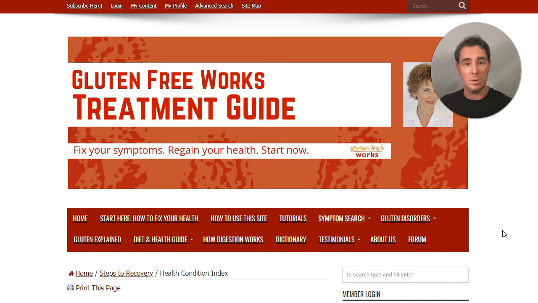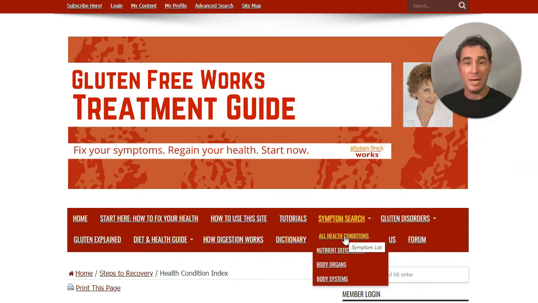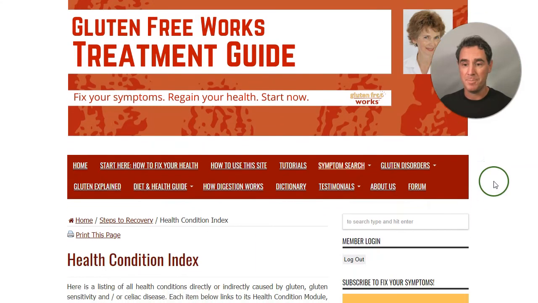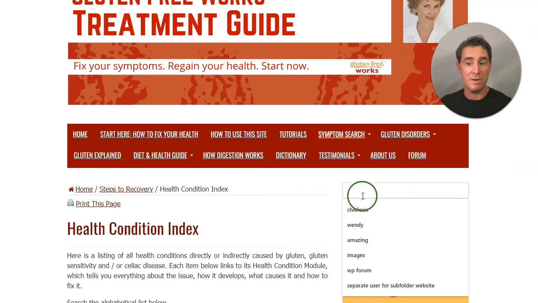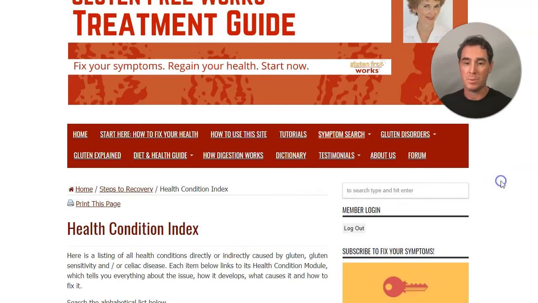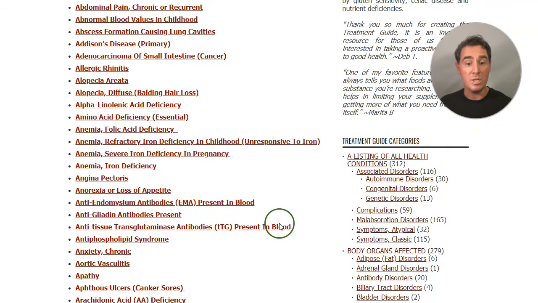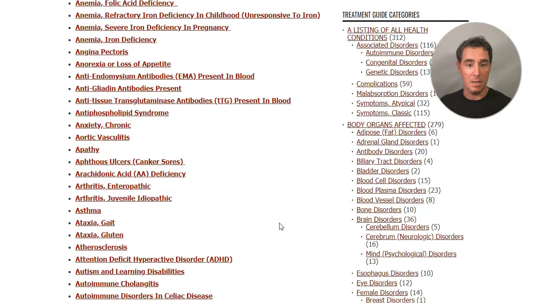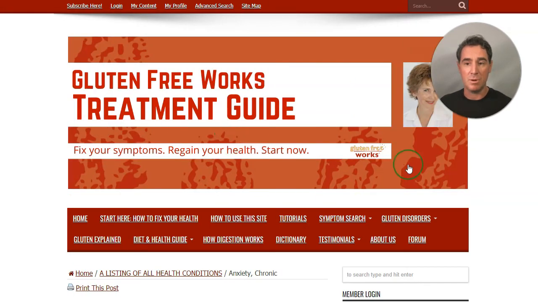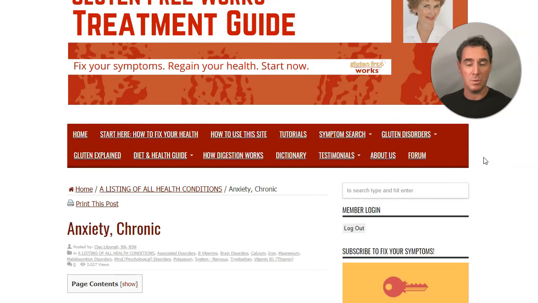The first thing we would do in using the Gluten Free Works treatment guide is go again to the health condition search or the symptom search. Or you can just type in whichever symptoms you're looking for. And once you find, let's look at chronic anxiety, okay? We'll click on chronic anxiety, and this takes you to the chronic anxiety treatment module, all right?